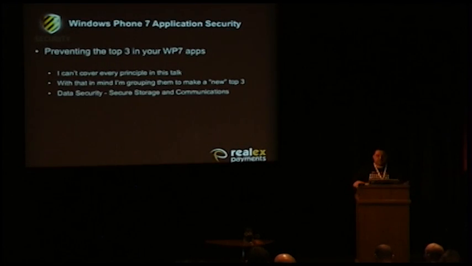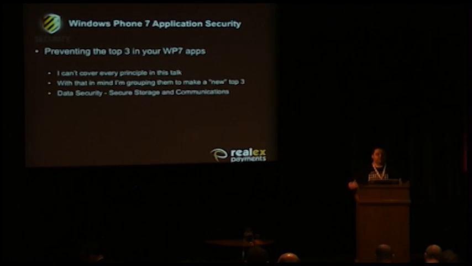But on top of that, because I talk about Windows Phone 7, and we can come back off that detour now, I didn't really have time to cover all of those issues anyway. So I tried to whittle it down to 3. And then I found that 3 didn't quite cut it, because secure communications is also incredibly important. Especially when you think about Windows Phone 7, where we're actually saying you need to store your data elsewhere if you want to share it with another app.